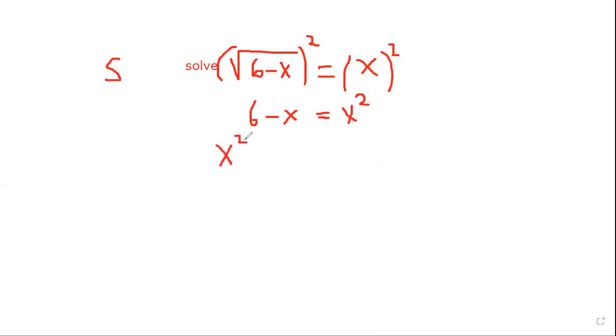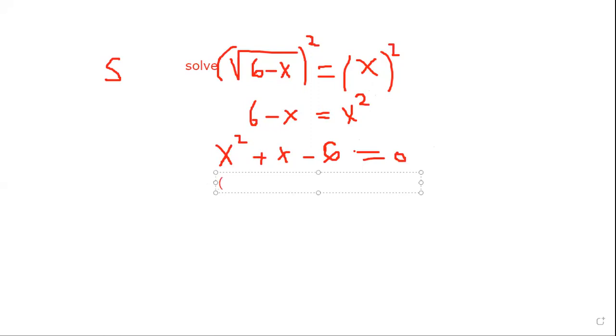So we have x squared, we will transfer negative x, it will be plus x minus 6 equal 0. We make it a zero equation. Then we will use factorization to factor this expression.